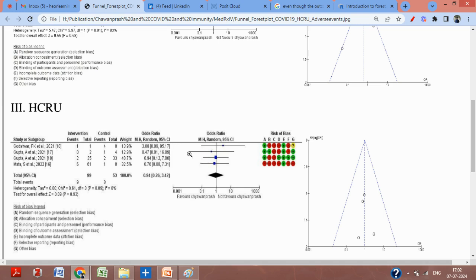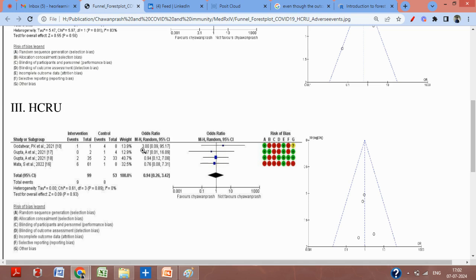Now, second thing, what do these whiskers represent? Well, these whiskers actually represent the 95% confidence interval along which this mean, or maybe the outcome, is reported. For example, in this study we are going ahead with the odds ratio.